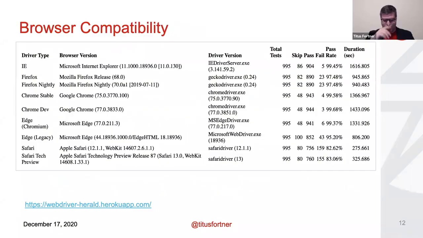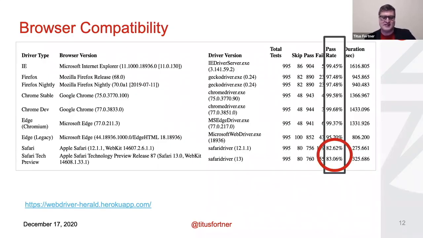This slide's about a year old, but essentially, Jim Evans put together this complicated setup to run all of the tests and do this crunching of how compatible the different browsers were to the W3C specification. The key column here is this pass rate. And I just want to point out that Safari is lagging behind a little bit.